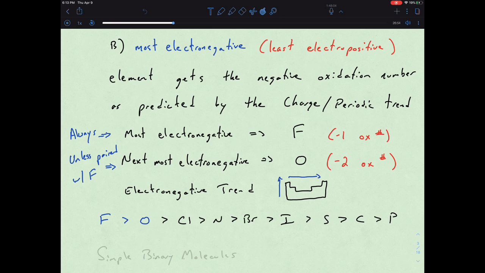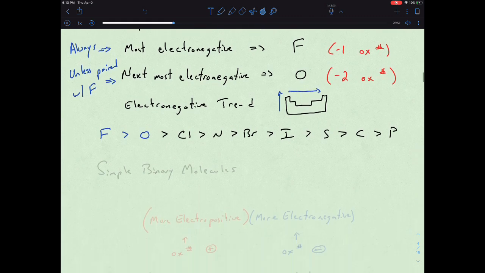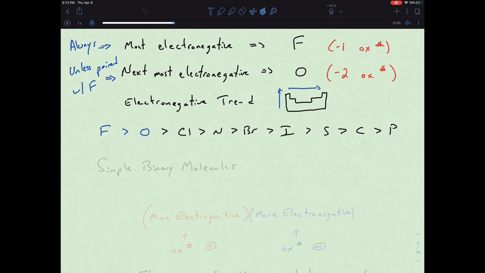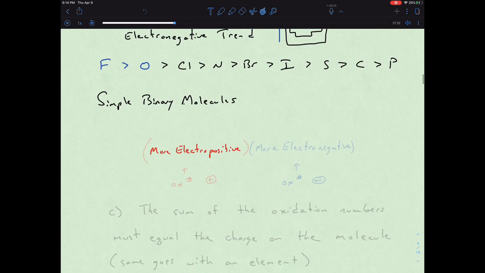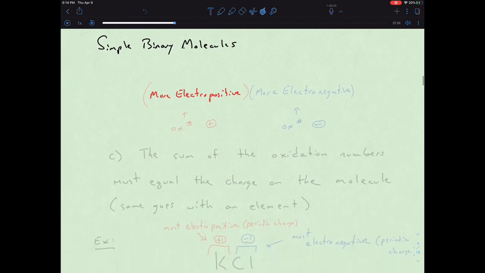So that means that we really have two parts for this idea of simple binary molecules. We're going to have the more electropositive, and that's going to be paired with the more electronegative.